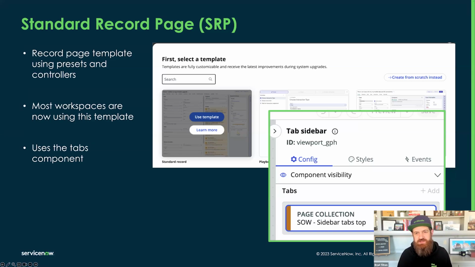This screenshot highlighted in green is one way you can tell whether a record page is a standard record page or not. If it has sidebar tabs, then it is generally a standard record page. We'll get into the instance and look at that a little bit as well.